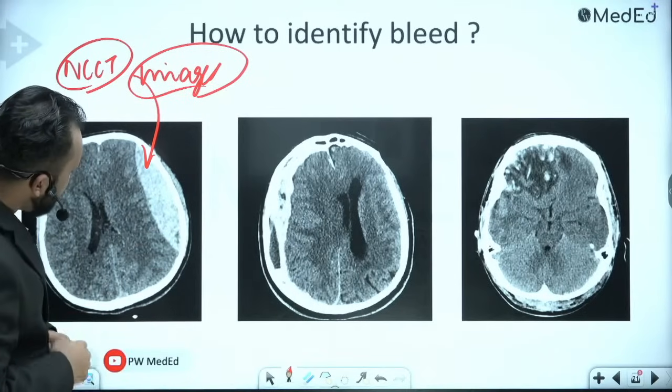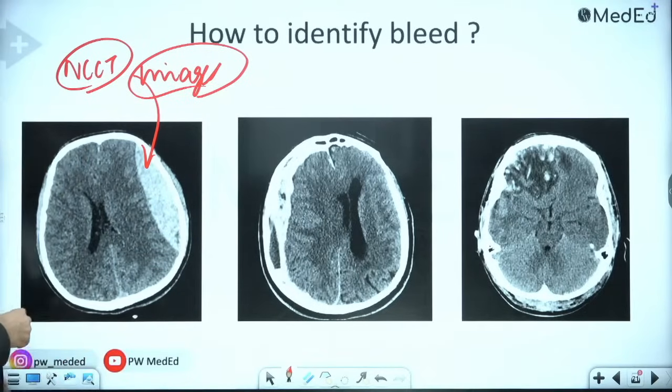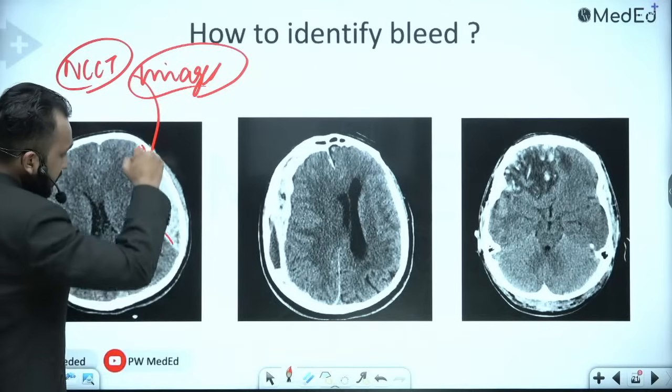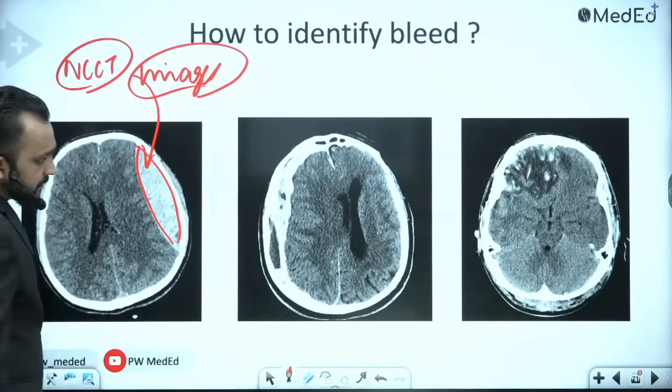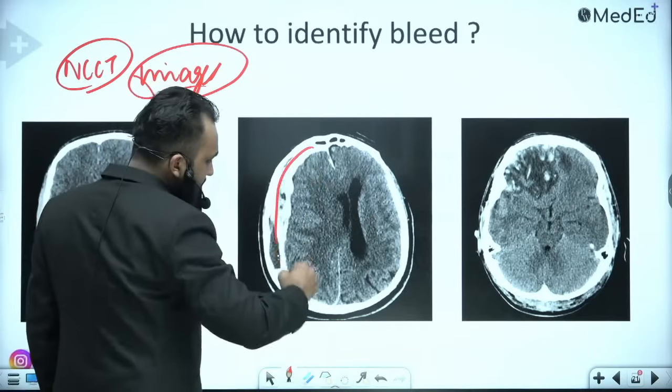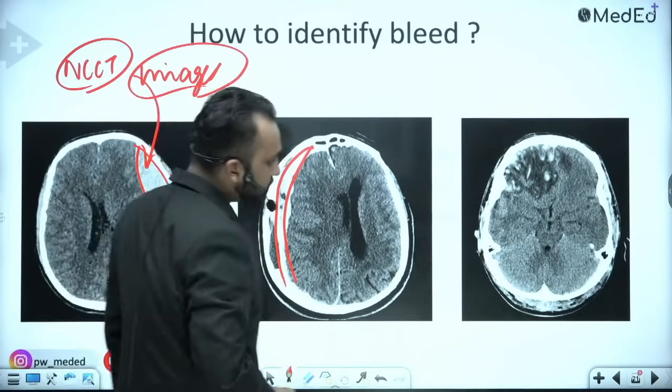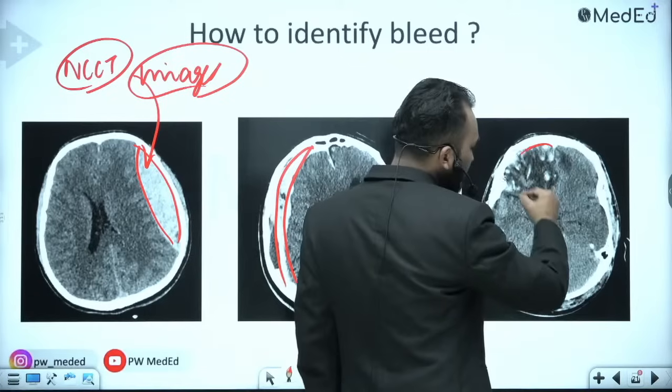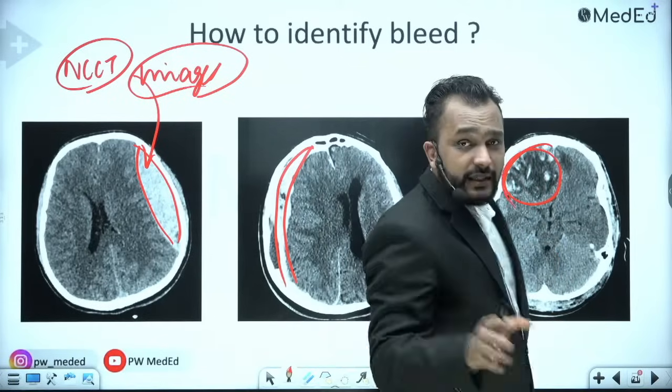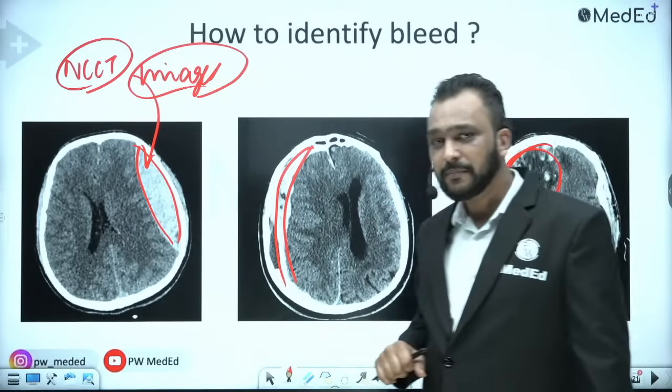And here in this image you can see that this bleed is appearing biconvex in shape. This bleed is appearing concavo-convex, and here you can see that this bleed is seen within the brain parenchyma.